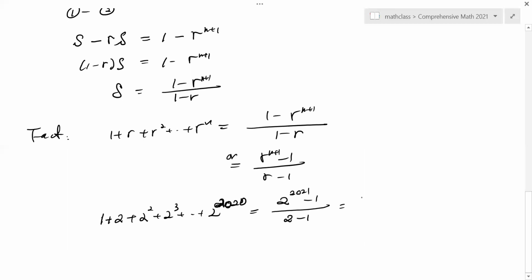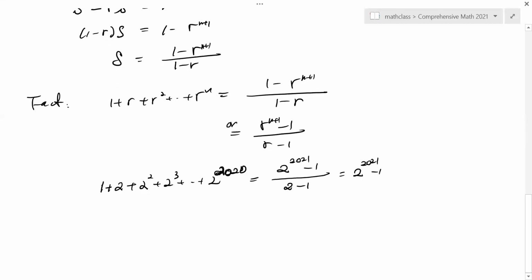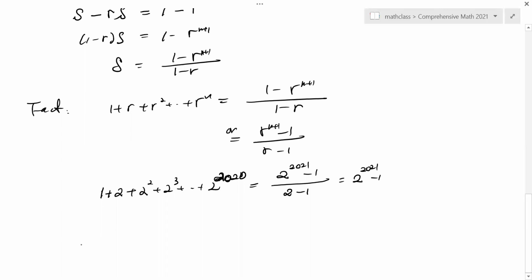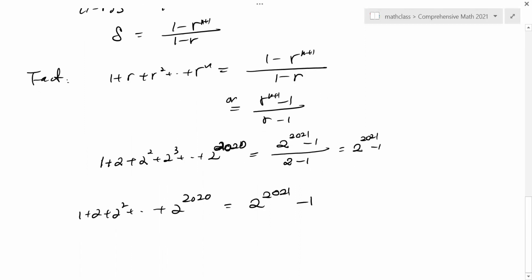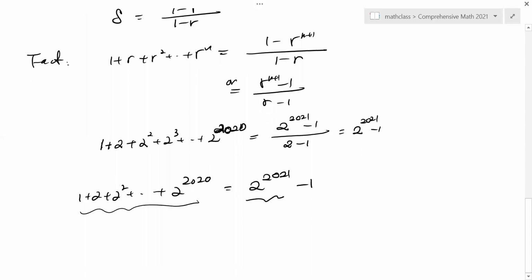So that means so many terms added together is just equal to 2 to the 2021 minus 1. You're surprised, right? This number is actually more than the sum of all those previous terms. That's why it increases very fast.